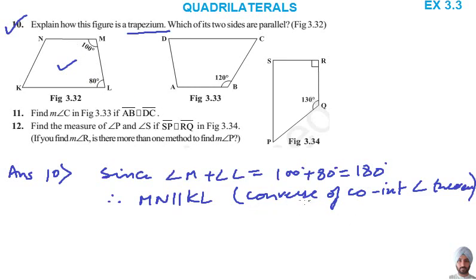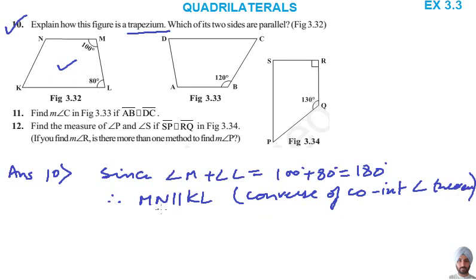That is why we are using the converse, because normally we are given that lines are parallel and we need to find an angle based on the given parallel lines. Here the angles are given, they are supplementary, and we are using that to prove that the lines are parallel. So we are doing exactly the converse. That is why we are using the converse of the co-interior angle theorem.